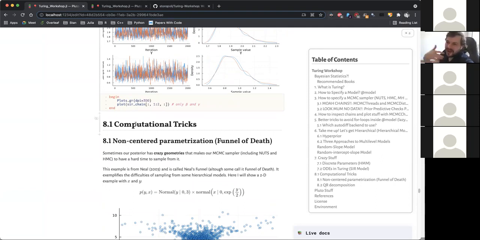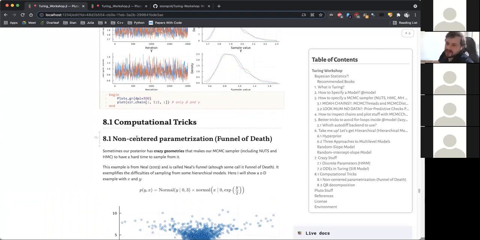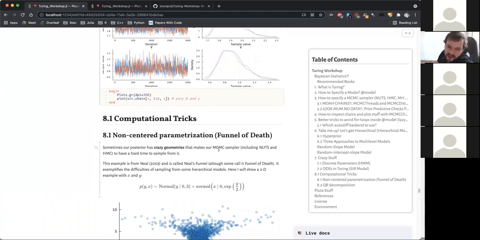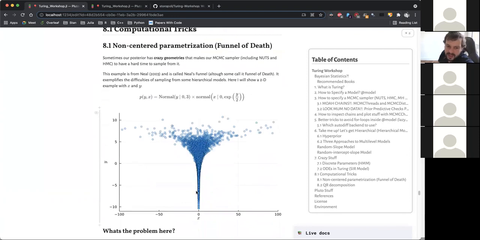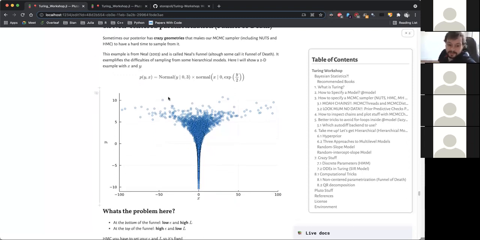Okay, so just for you guys to revisit the notebook, we have something called the funnel of death. It's a funnel, and what's the problem here? We have a variable that NUTS or HMC cannot sample efficiently, because if you take a look at the funnel, at the neck, the top of the funnel, you need a small epsilon and a high L to traverse all this space.